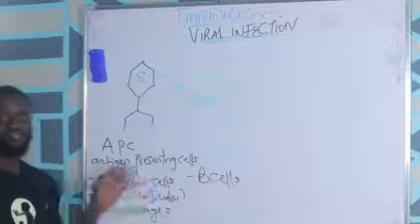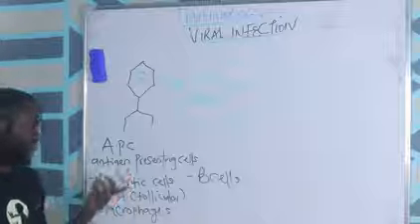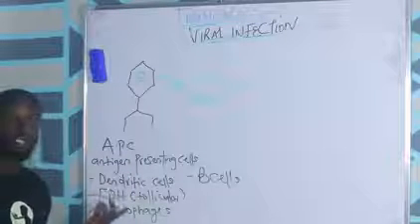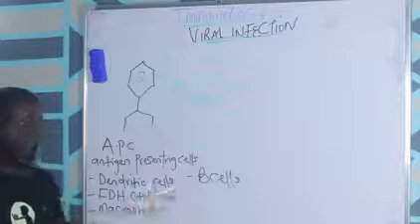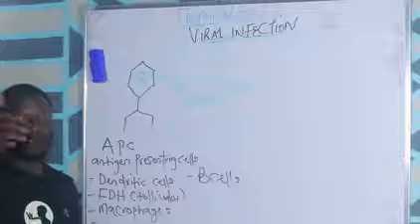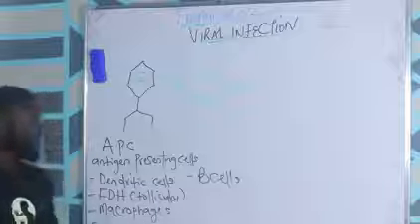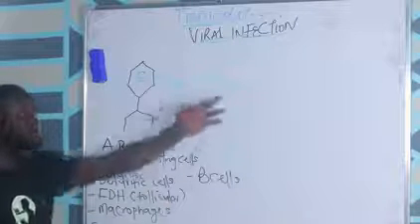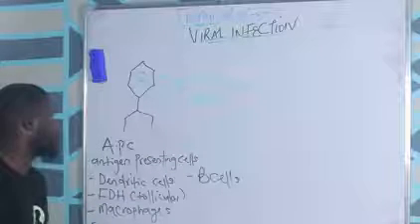These are the types of antigen presenting cells we have. For nucleated cells, we said every nucleated cell has MHC1 expressed on the cell. But for antigen presenting cells, they have both MHC1 and MHC2.